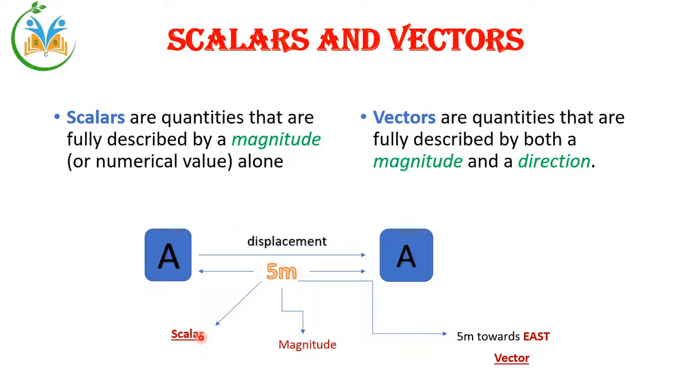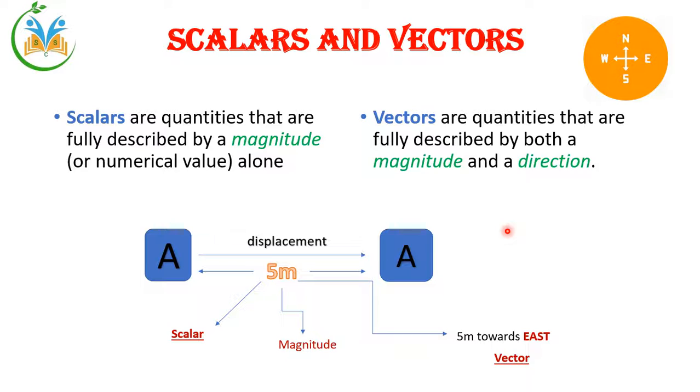Okay, and students, you should remember the directions east, west, north and south while solving the equation. But in class 9th standard, only the definition of scalar and vector quantity is enough. When you move to the 10th, 11th or 12th standard, you will study deeply what is scalar and what is vector.